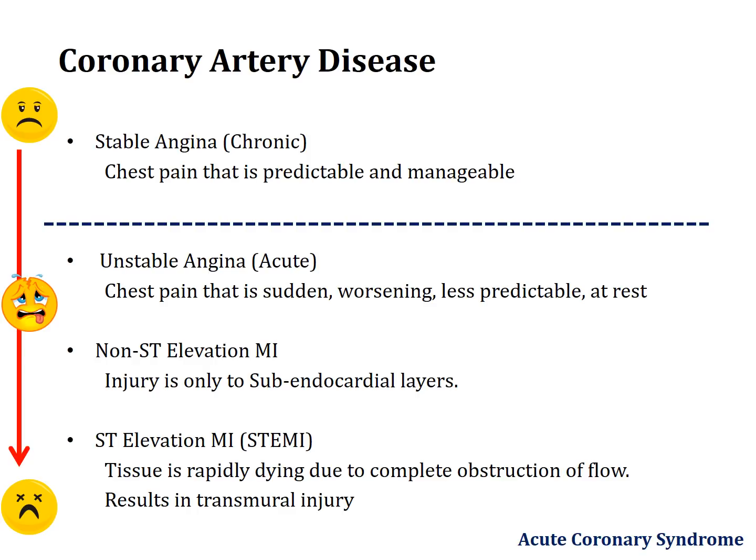So underneath that dotted line, we refer to that as acute coronary syndrome, ACS. And when an individual has ACS, we want to be able to differentiate it as being unstable angina, non-ST elevated MI, or an ST elevated STEMI, ST segment elevation myocardial infarction.